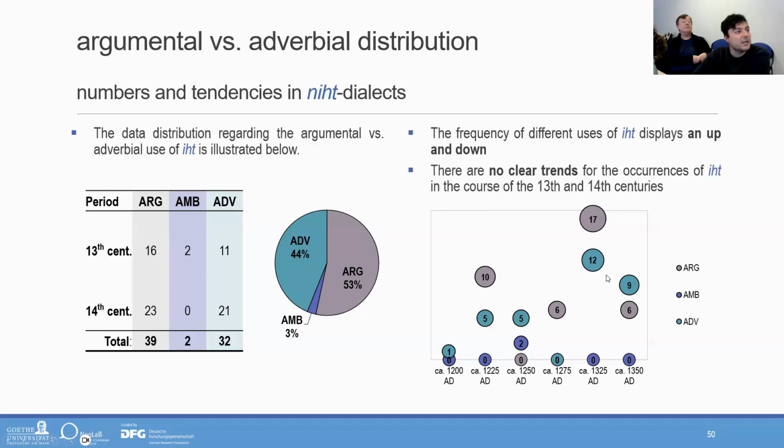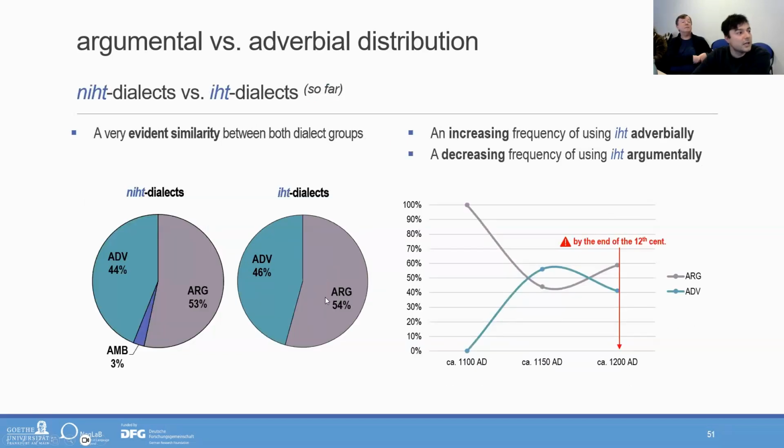And if we compare that to the ich dialects, where ich has grammaticalized to a sentential marker, from other parts of the study, so don't be confused if I talk about them. These results are from another part of the study, and I'm just comparing the results from the nicht dialects, which are those investigated in this part of the study, with those that we had already from the ich dialects.